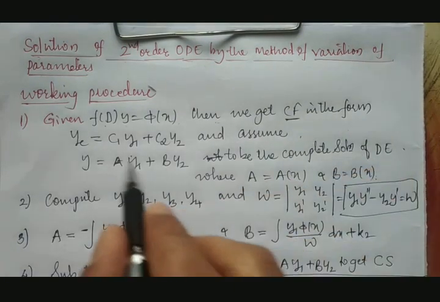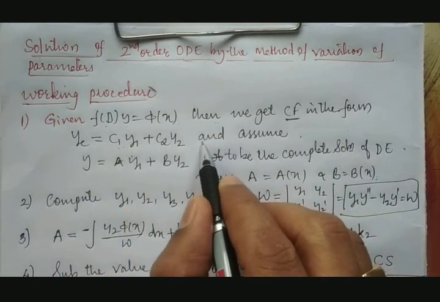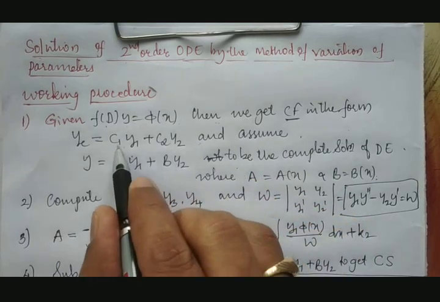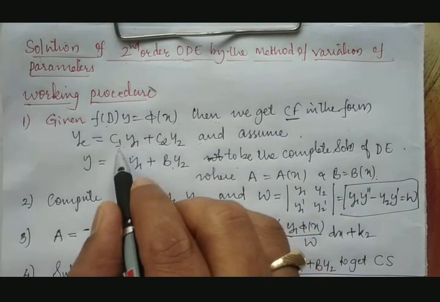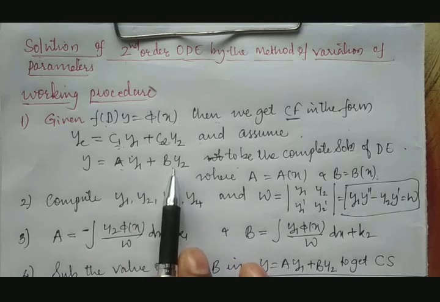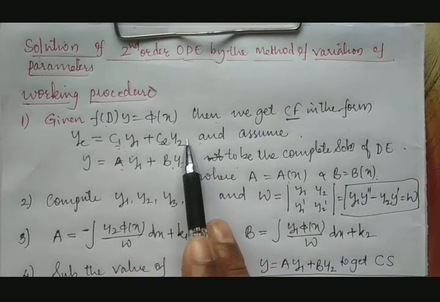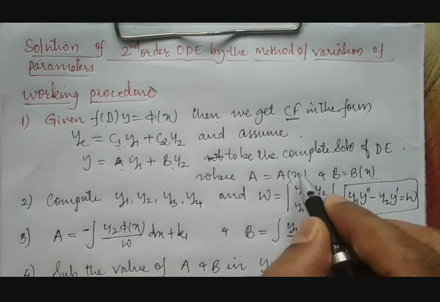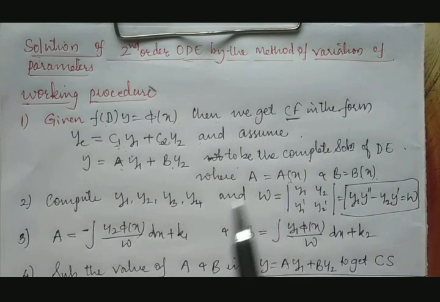Then we assume this complementary function to be a complete solution by replacing C1 and C2 with A and B, where C1 and C2 were the arbitrary constants and A and B will be functions of x. So the arbitrary constants are changed to arbitrary functions of x. This is called variation of parameters.